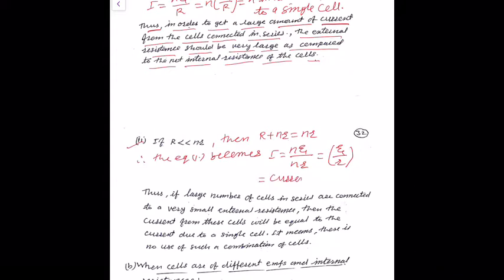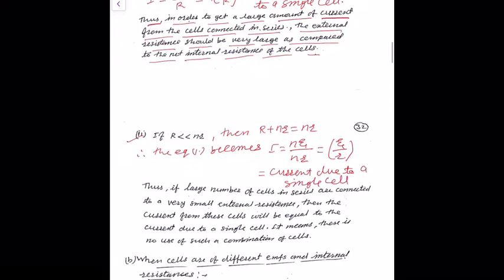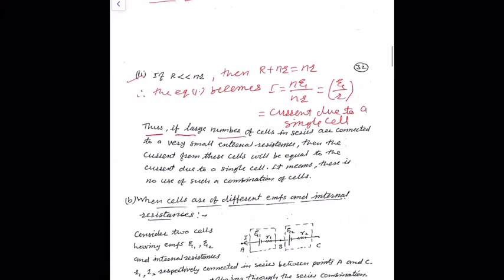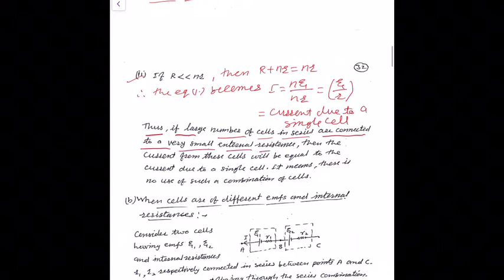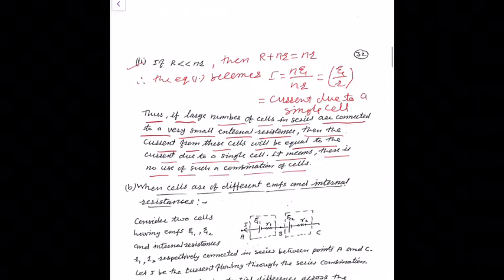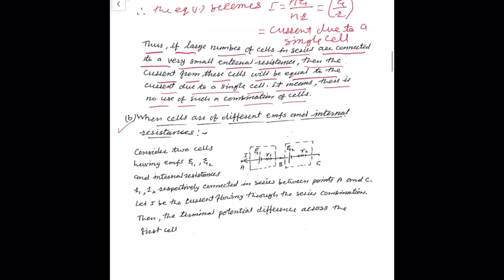So I is equal to the current due to a single cell. Thus, if a large number of cells in series are connected to a very small external resistance, then the current from these cells will be equal to the current due to a single cell. It means there is no use of such a combination of cells.